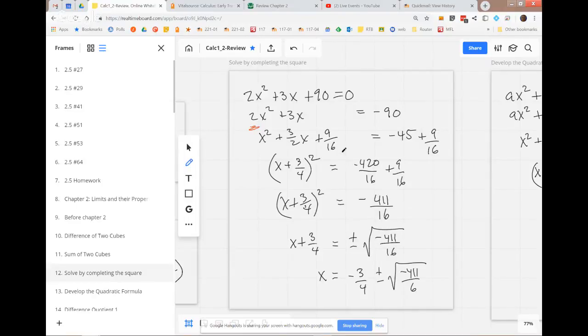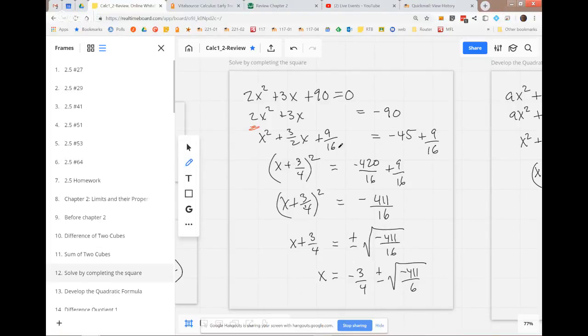And this 9/16 is not there yet. Let's make believe that's not there for the moment. Now you've got what? 3 halves. Half of that is 3/4, and 3/4 squared is 9/16. So you notice now we add the 9/16 to both sides.